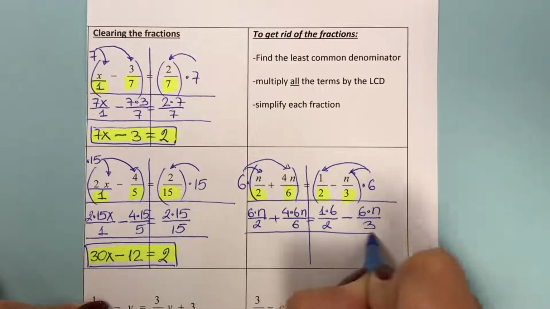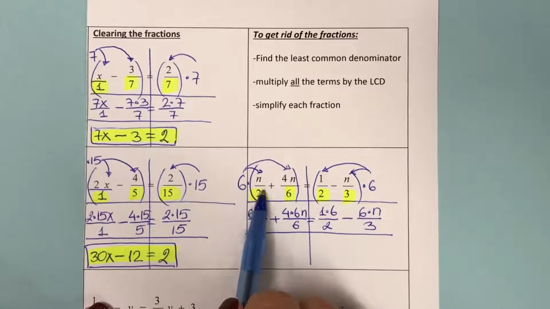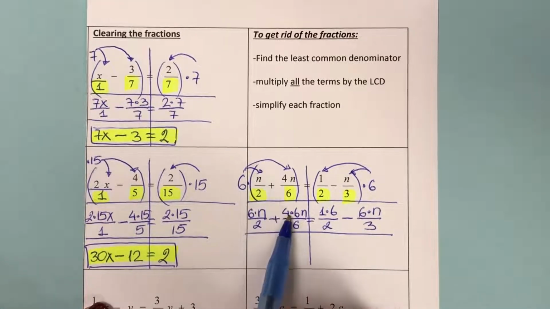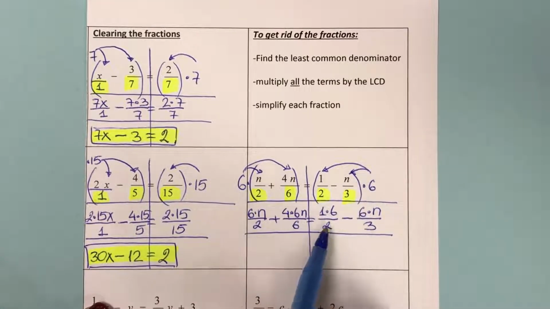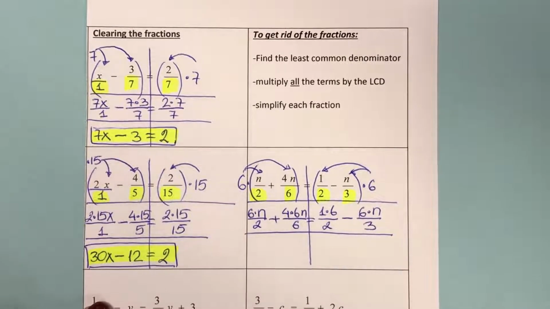So the denominators we keep, we multiply all the numerators by 6. 6n, 4 times 6 and n, 1 times 6 over 2, and then 6 times n over 3.